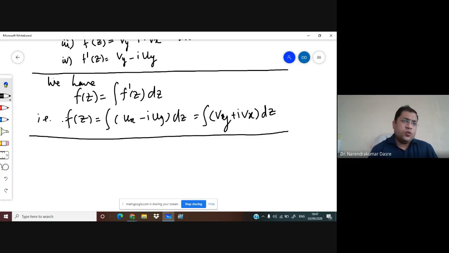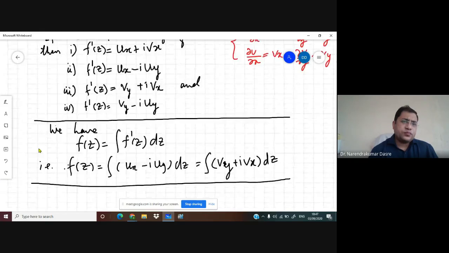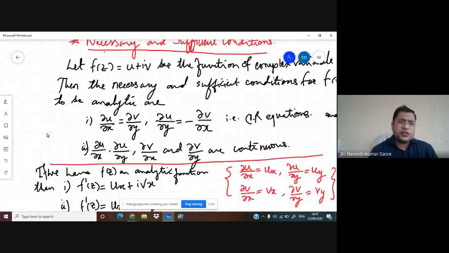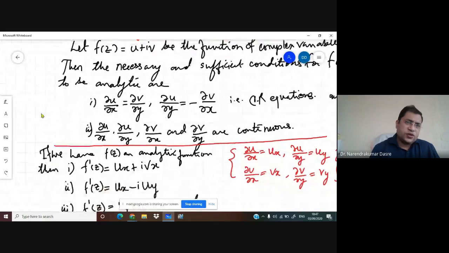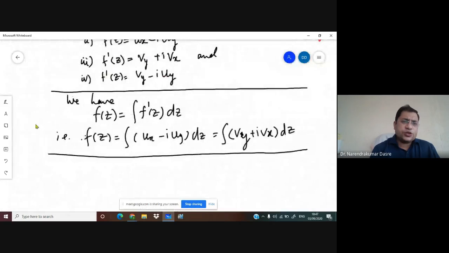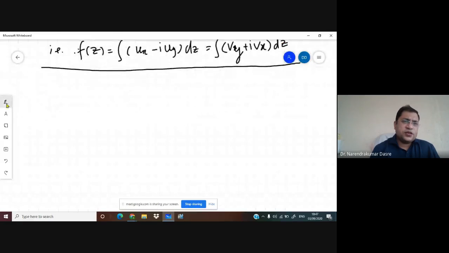Now, as we know, when the function is analytic, these conditions are satisfied. So let us try to show that the functions are analytic using this necessary and sufficient condition.